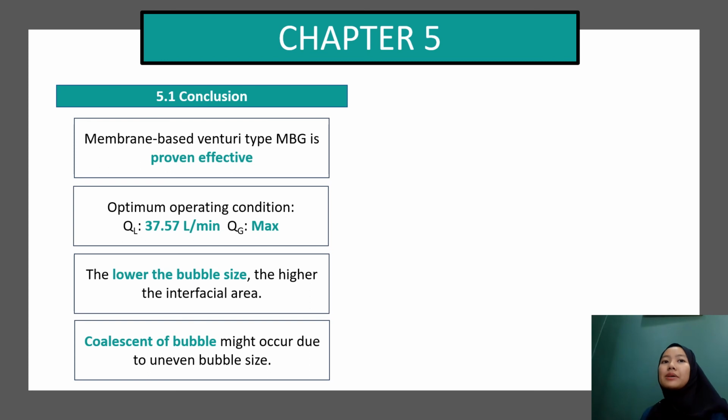However, if the bubble size is lower and the distribution of the bubble size is also uneven, it could lead to coalescence of the bubbles, and this could reduce the oxygen mass transfer coefficient. So it doesn't mean that the lower the bubble size, the better the system is. That is why we need to find the optimum operating condition.